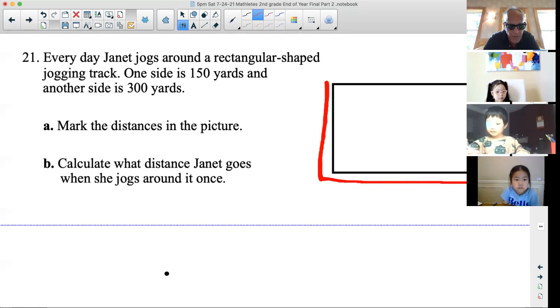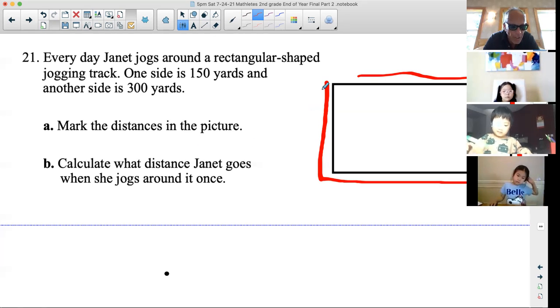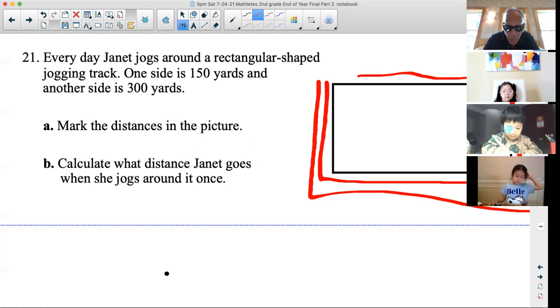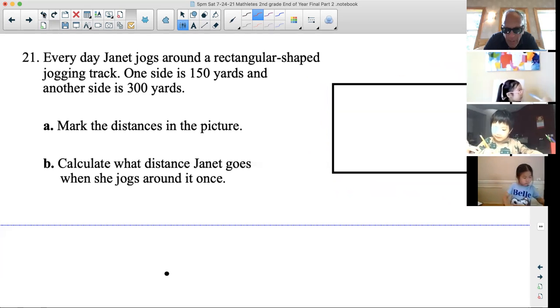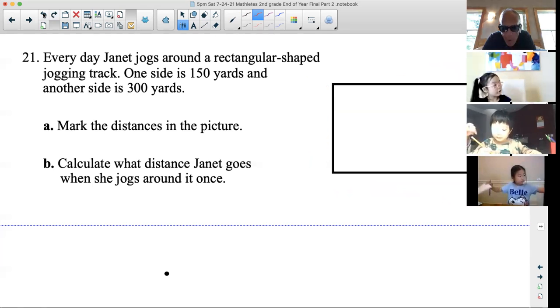Another side is 300 yards. The question is, mark the distances in the picture and calculate what is the distance that Janet goes when she jogs around once. So first, draw the rectangle. Draw the rectangles and mark the distances in the pictures.